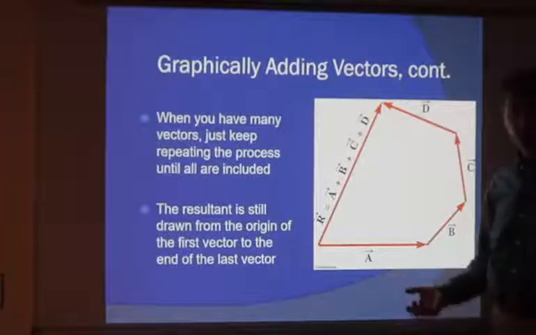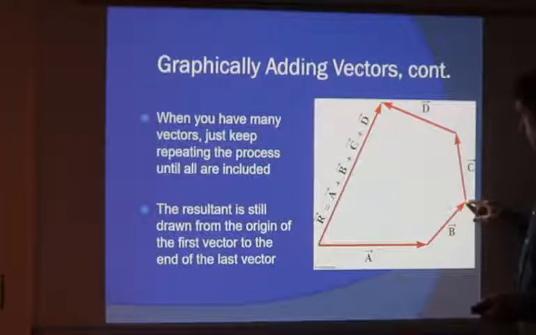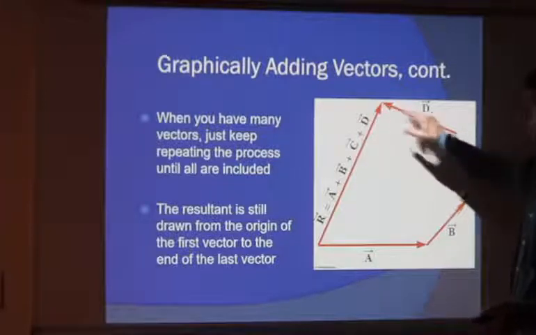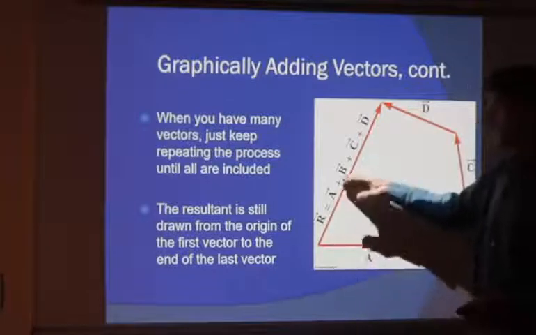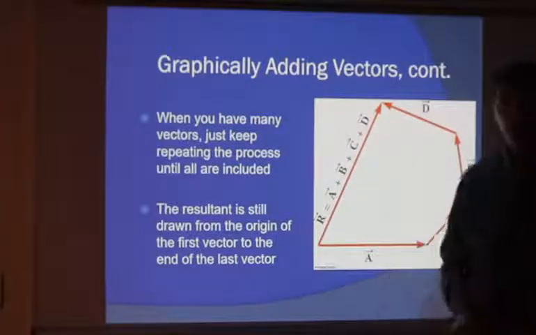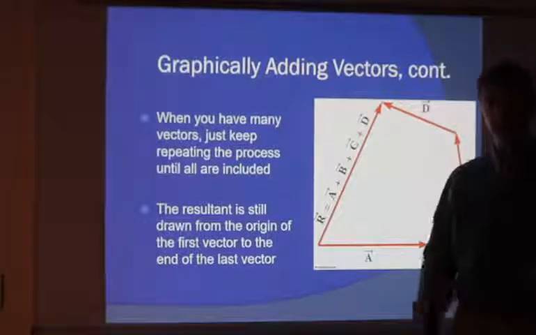If I'm adding more than two vectors, put the first vector, then add the second vector. The third vector just gets put on the end of where the last vector stopped. Then the other vector goes where that vector stopped. And the resultant of A plus B plus C plus D is just all the vectors stacked head to tail on top of one another, giving me my resultant.